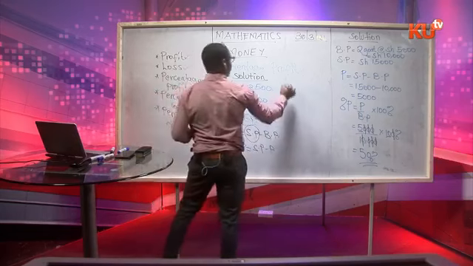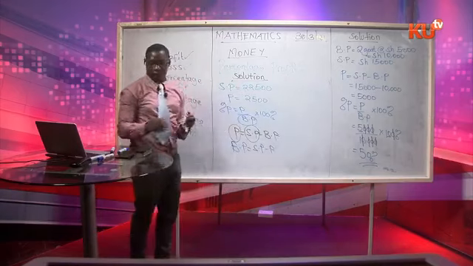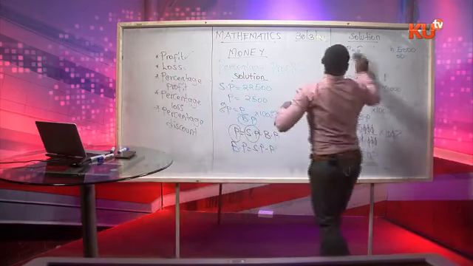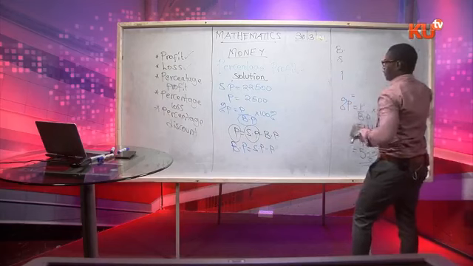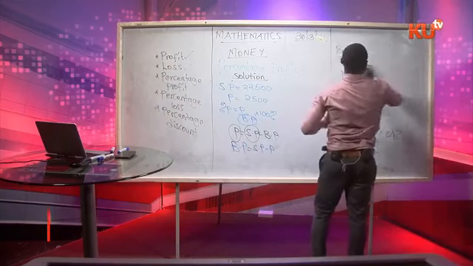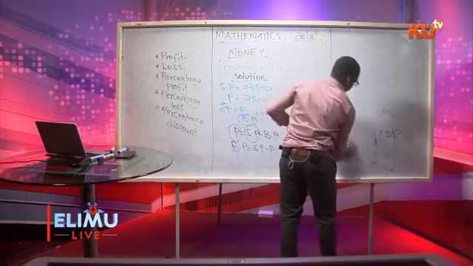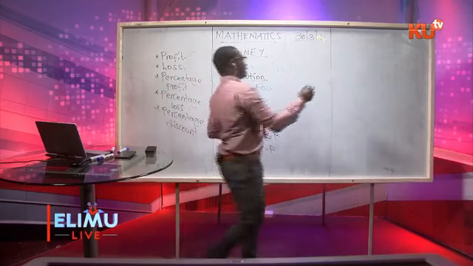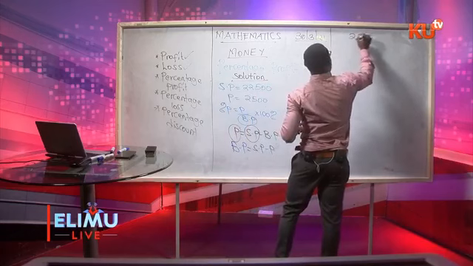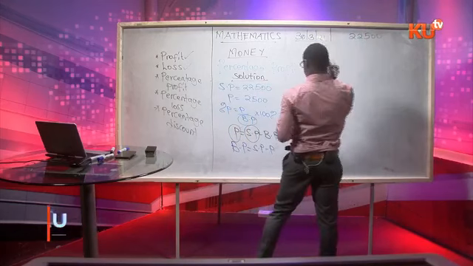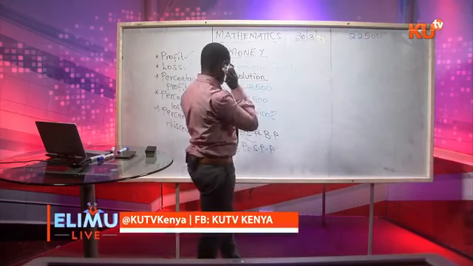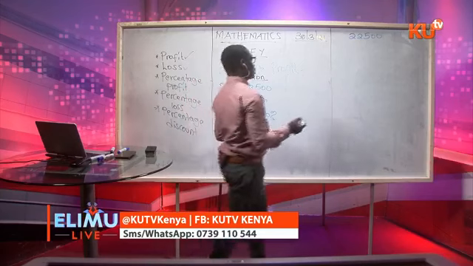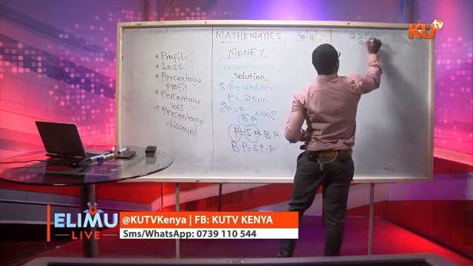The selling price in this question is 22,500. We are subtracting the profit, which is 2,500.